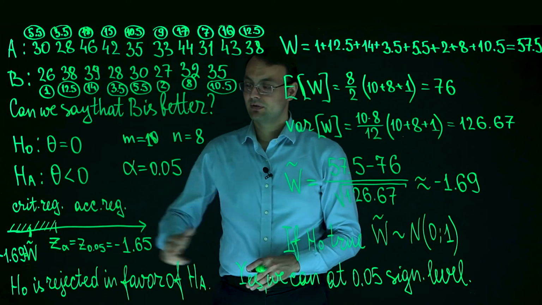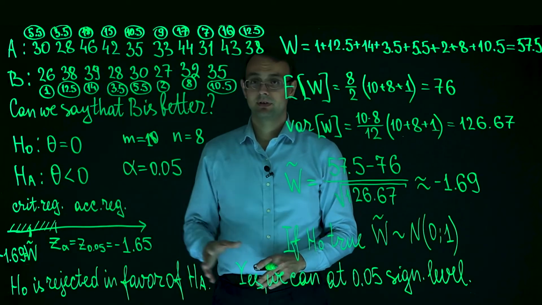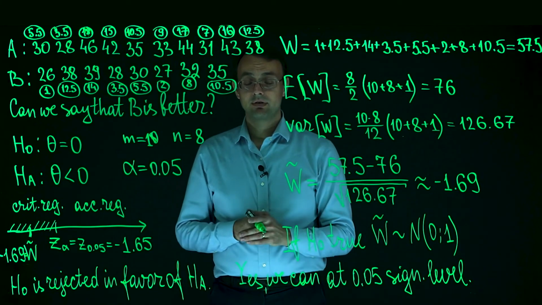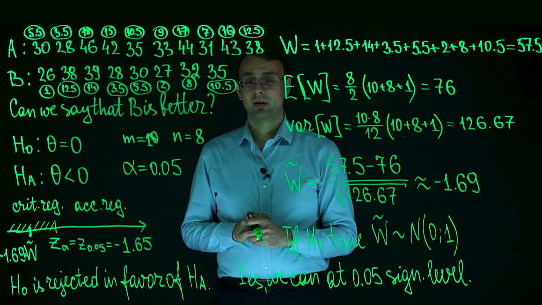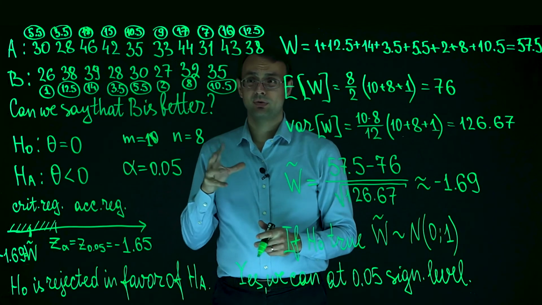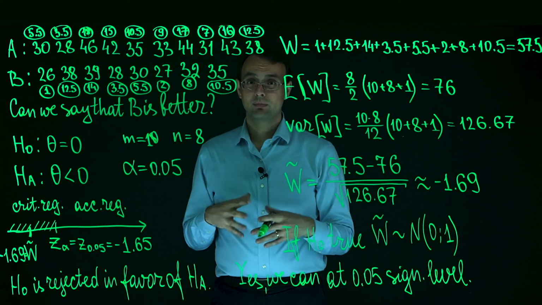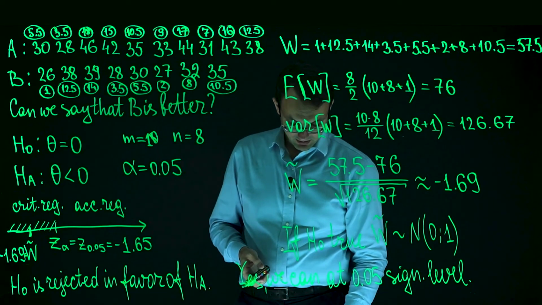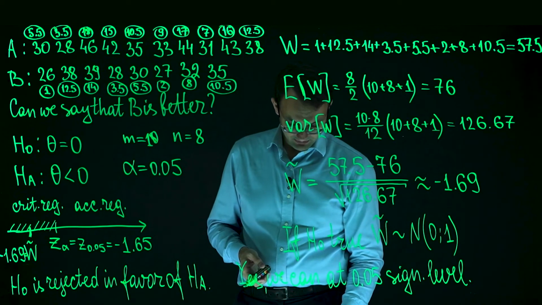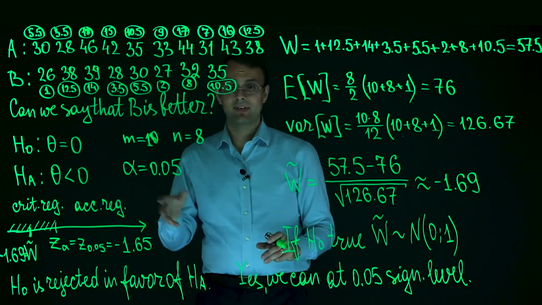So if you see that the value of the test statistic is close to the border of the critical and acceptance regions, this means that you should take more observations to make the situation clearer than what we have here. Also, we can find the p-value.